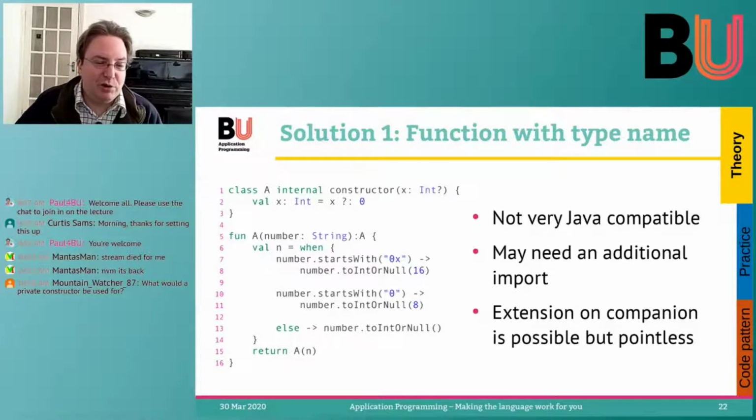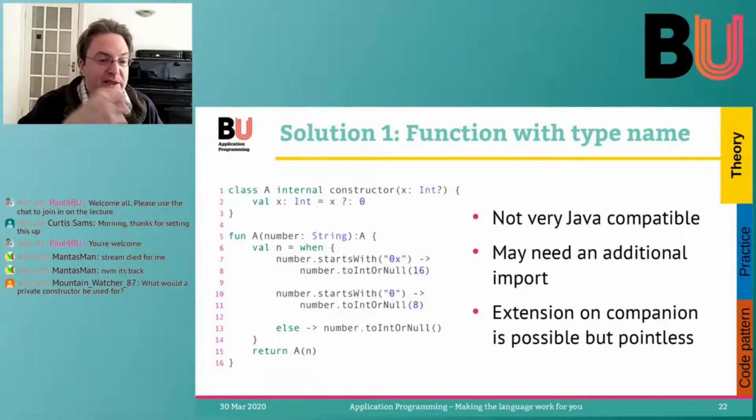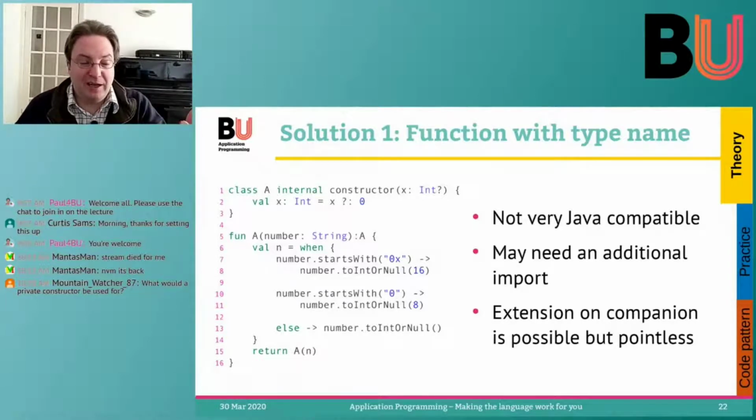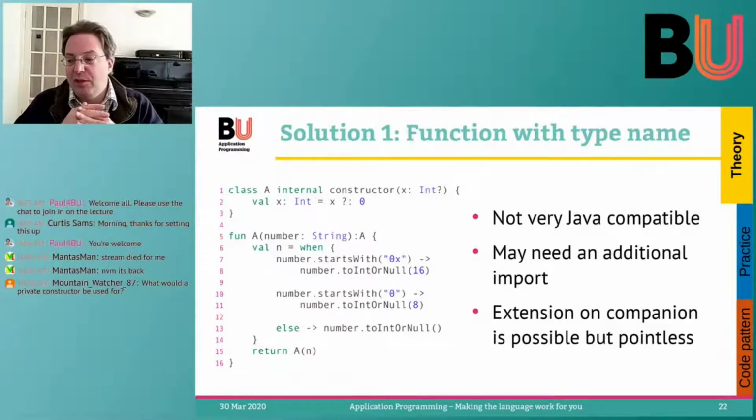Here is also where you can see we have the constructor parameter x and we have the property x. The parameter takes a nullable int. The property is actually a non-nullable int. This is one of the cases where you say I actually want to declare the property and the constructor parameter separately. And constructor parameters are only visible inside the main line of the code where you have this initialization of your object.